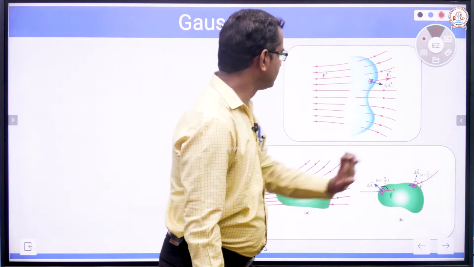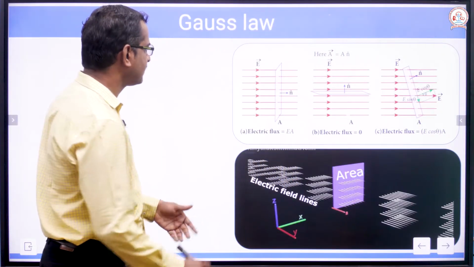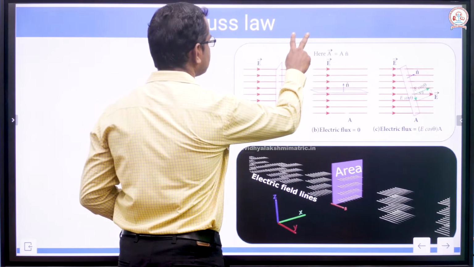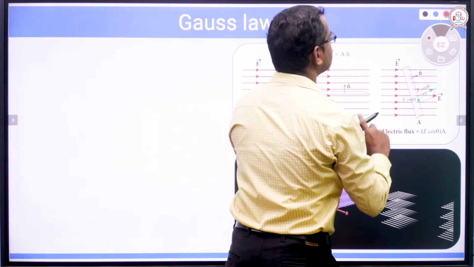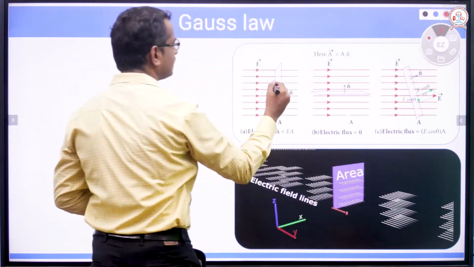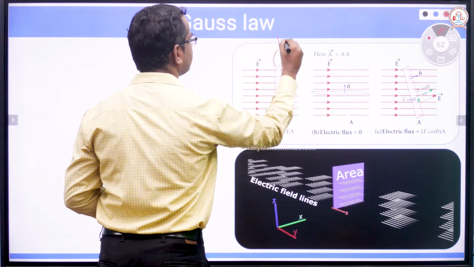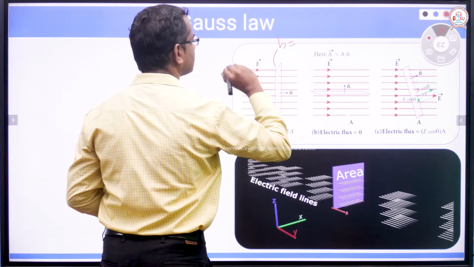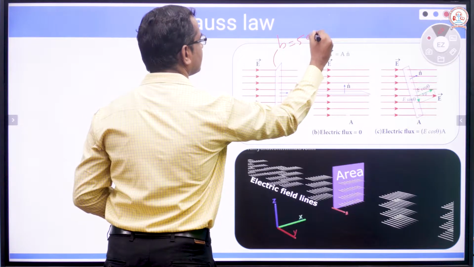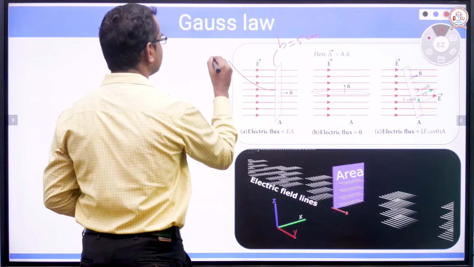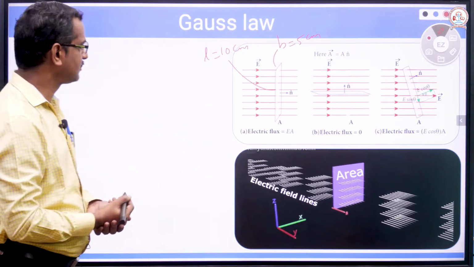Just like the previous case, if the area is perfect, you just imagine the surface is like a rectangle. Imagine the breadth is 5 centimeter and the length L is 10 centimeter.